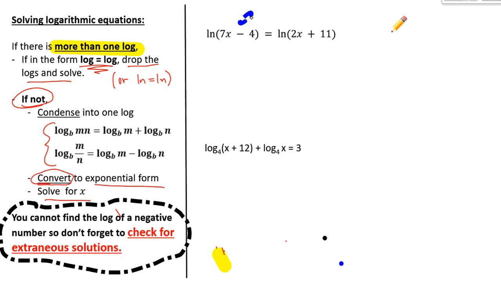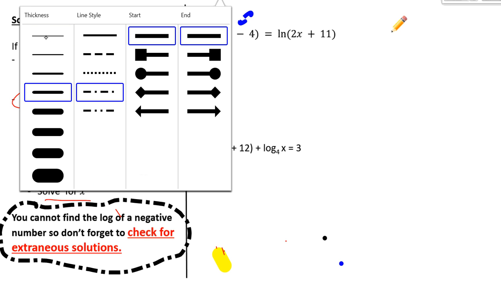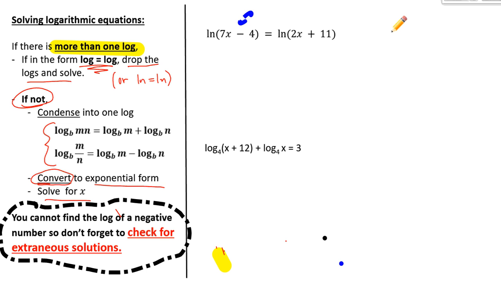Okay, this right here says, what in the world? Oh, that's a try. I clicked on that. Let's try that again. So we've got 7x minus 4 has to be greater than 0. All right, finish solving. It says x has to be greater than 4/7, which is about 0.57-ish.